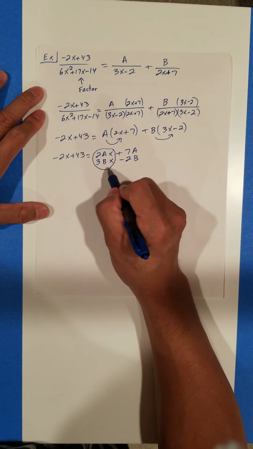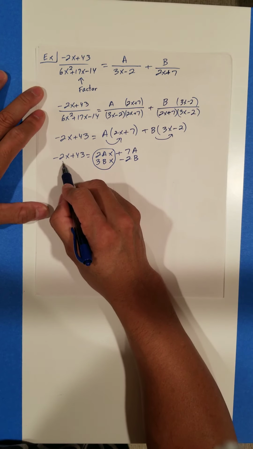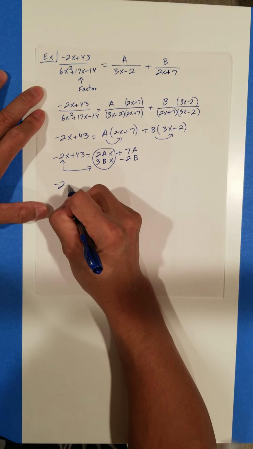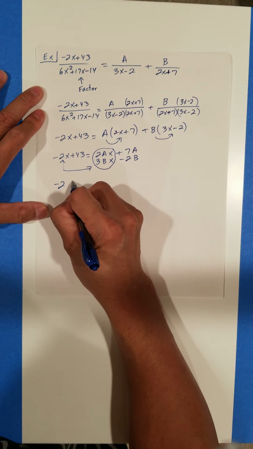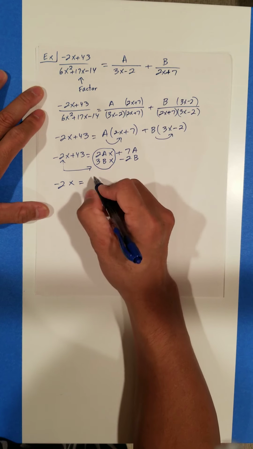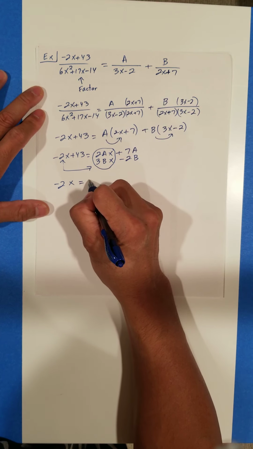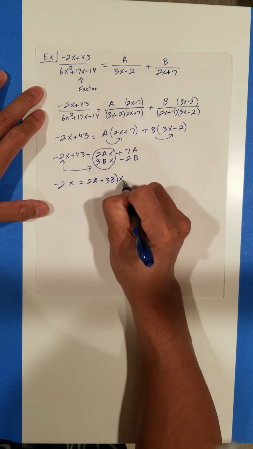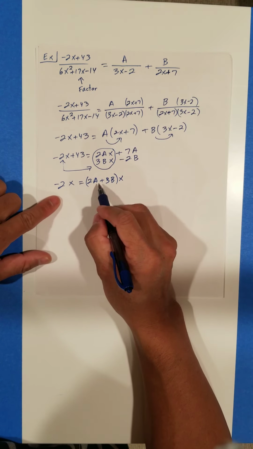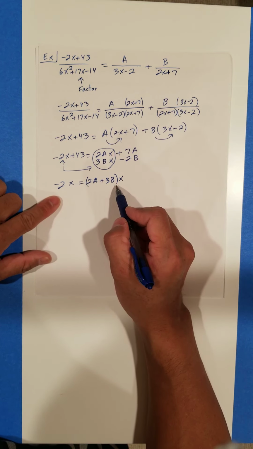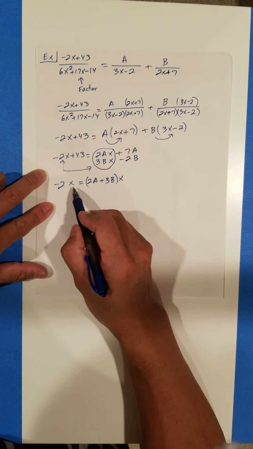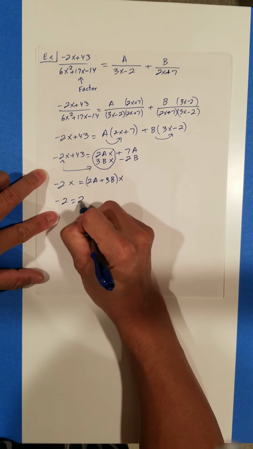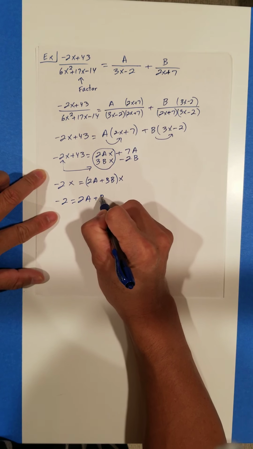These two right here have an x. That has an x. So I'm going to match it up with these two. Negative 2x must equal (2a plus 3b)x. Notice that, right? If I add these together, I get this. So now they have x's right there. Let me ignore the x's. I'm going to focus on negative 2 equals 2a plus 3b.